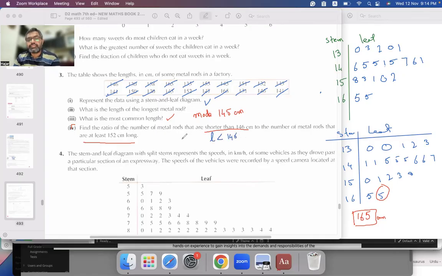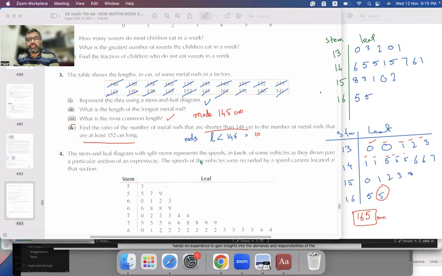How many rods whose length is less than 146? Let's count them. It's going to be from 130 up till 145. So this is 1, 2, 3, 4, 5, 6, 7, 8, 9, 10. So there are 10 rods whose length is less than 146.